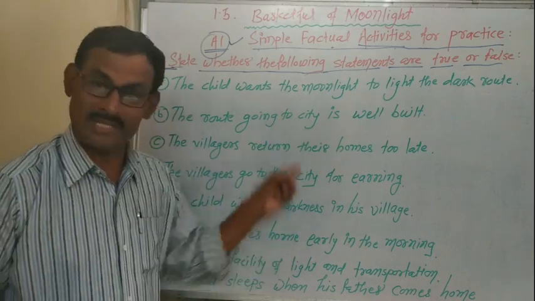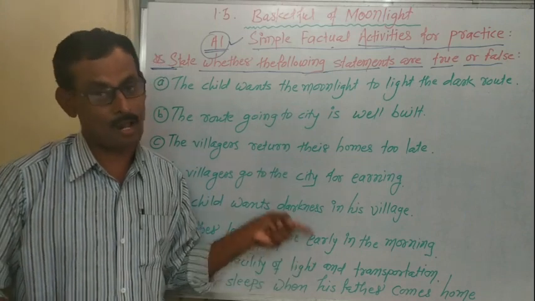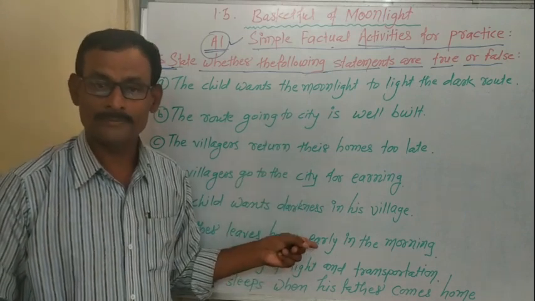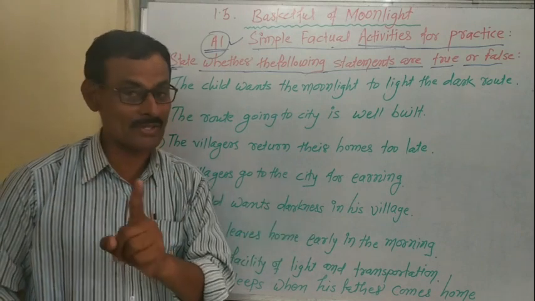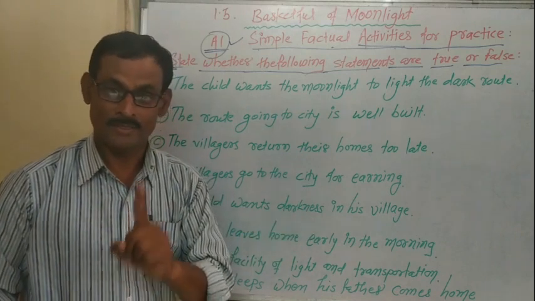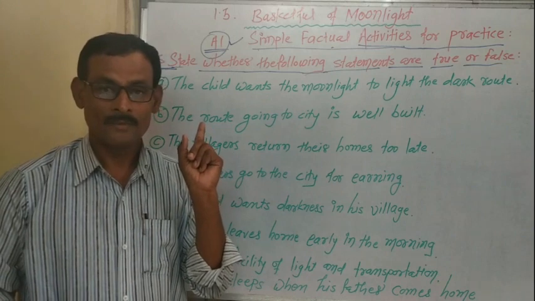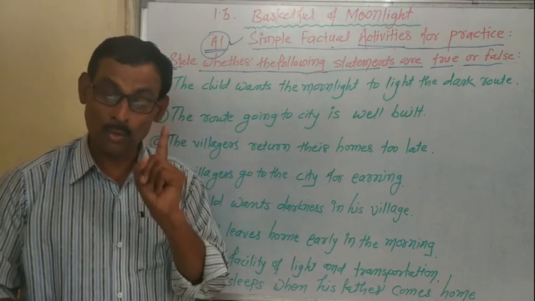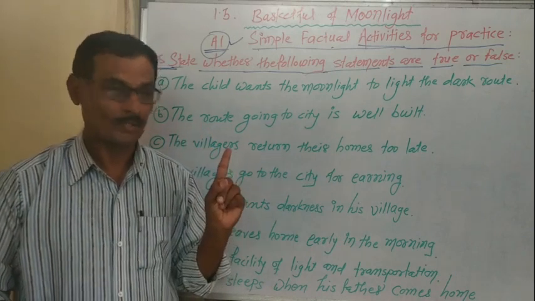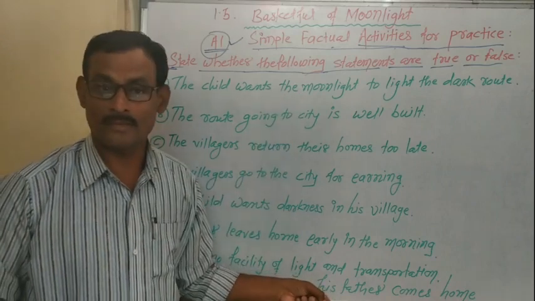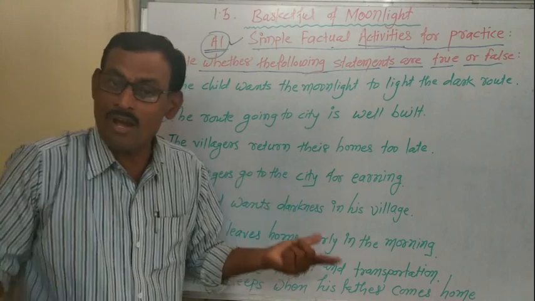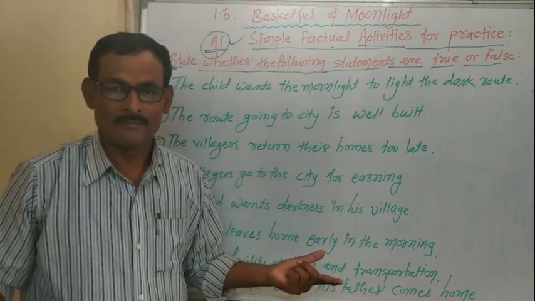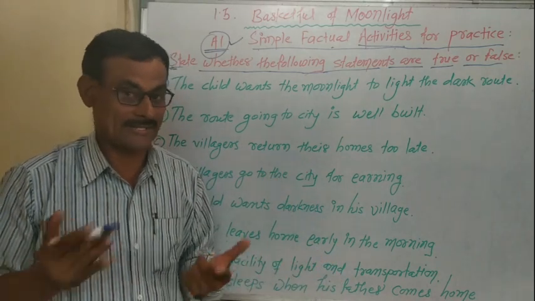In the same way, these given statements are also based on the whole poem. Keeping in mind that you have well understood the poem in the last period, you know so much about the poem that you can easily differentiate the statements into true and false. Okay, come on, let us see.